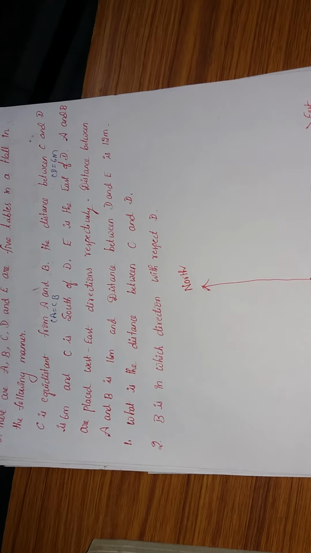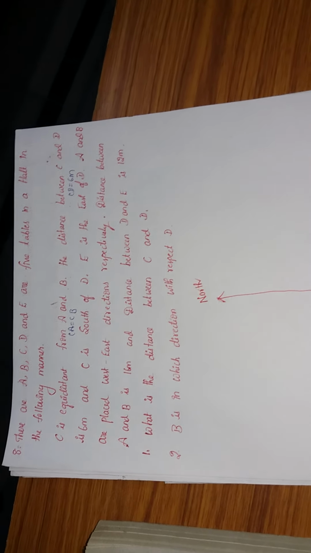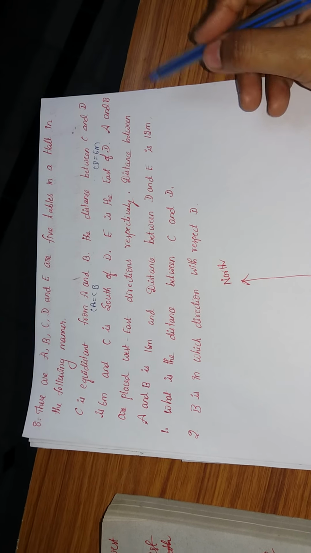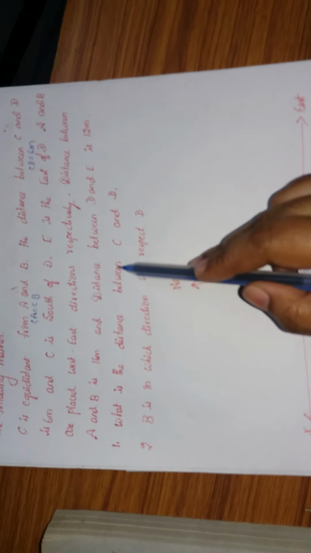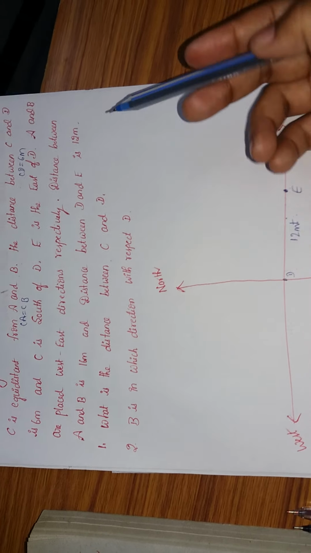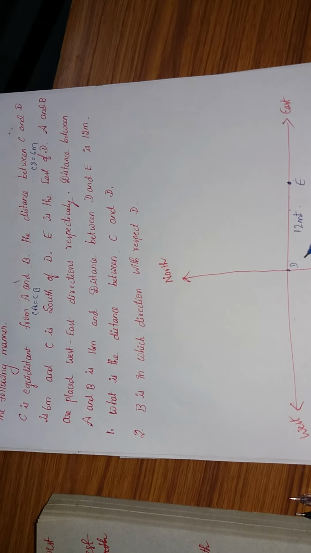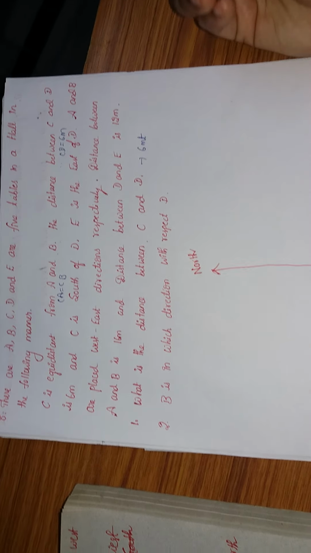A and B are equidistant from C. Next, the distance between D and E is 12 meters, which we have already drawn. And the distance between C and D is 6 meters.